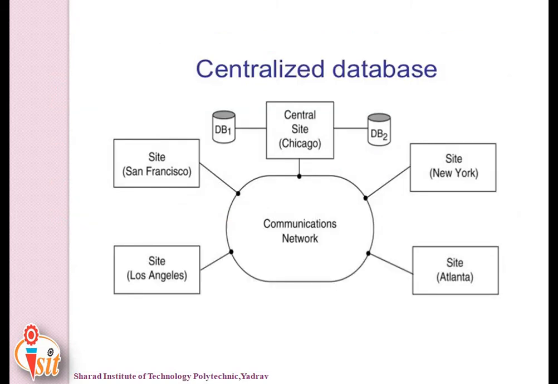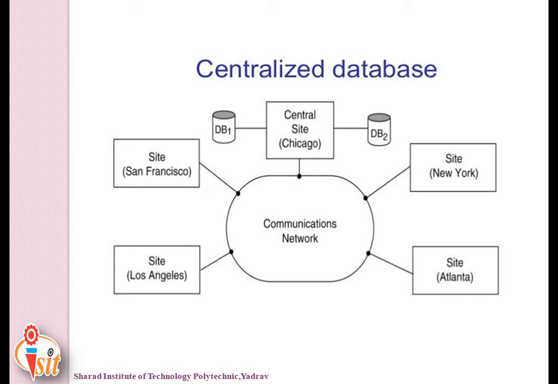Here you can see the diagrammatic view of the centralized database system. In this there are various sites and those sites access data from the central site, which is installed at Chicago. The various sites are installed at San Francisco, Los Angeles, New York, Atlanta.